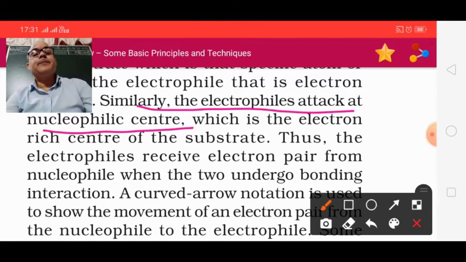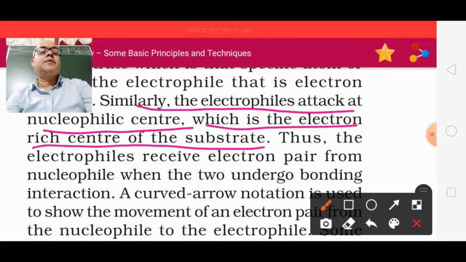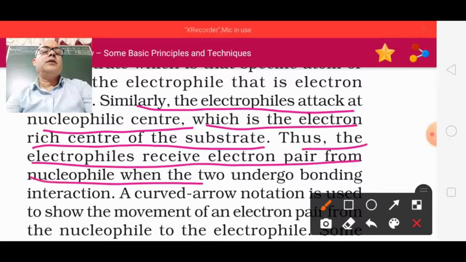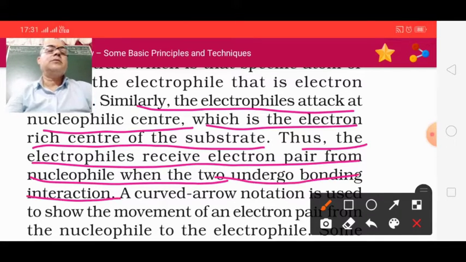Nucleophile, which is the electron-rich center of the substrate. Thus the electrophiles receive an electron pair from the nucleophile, where the two undergo bonding interaction.